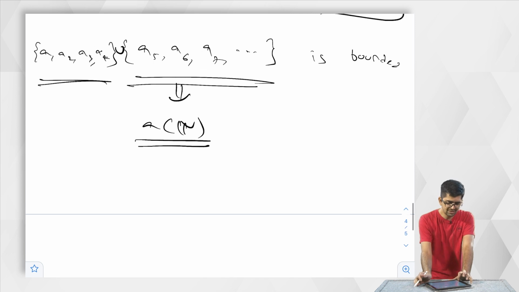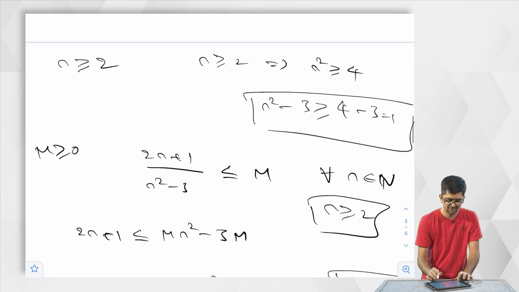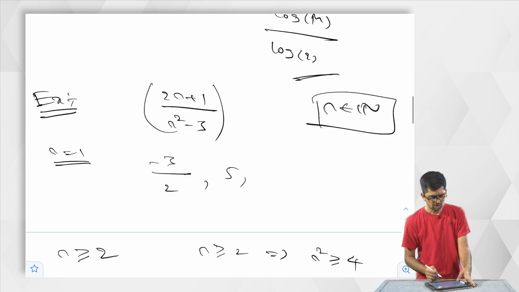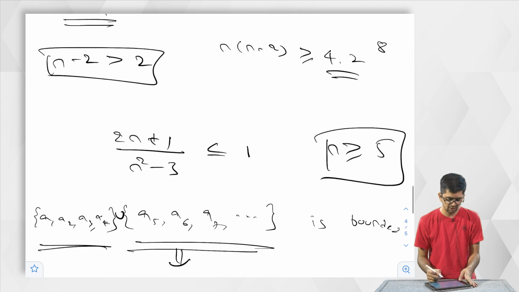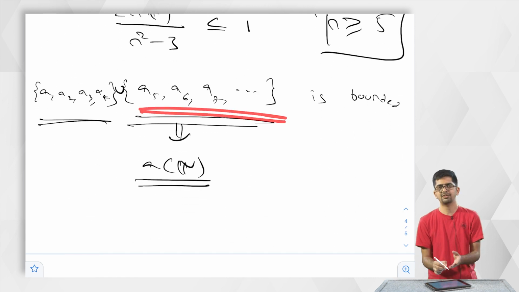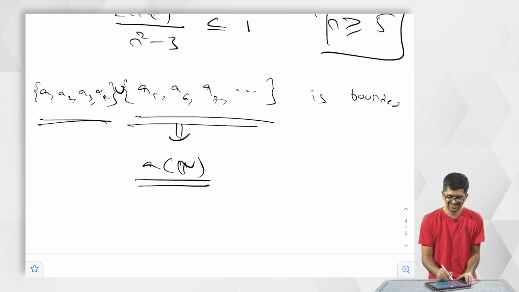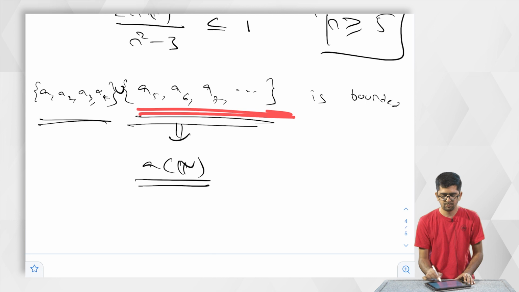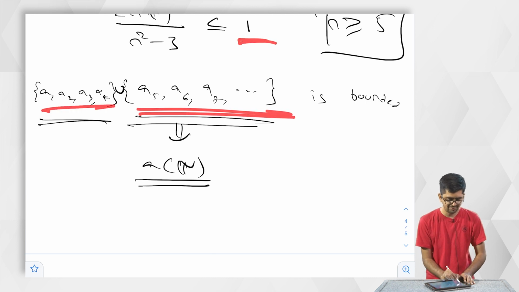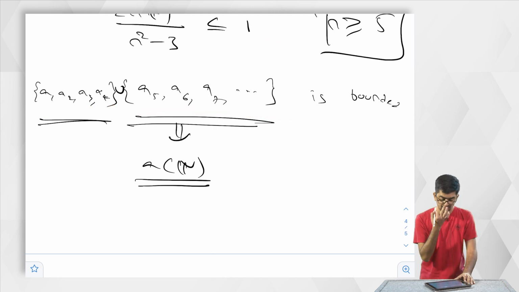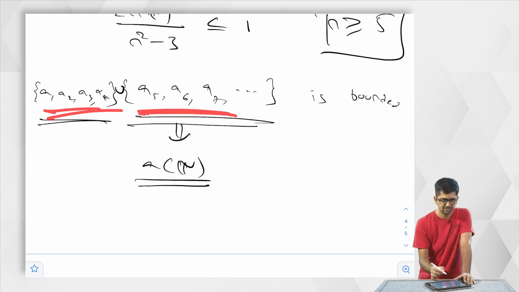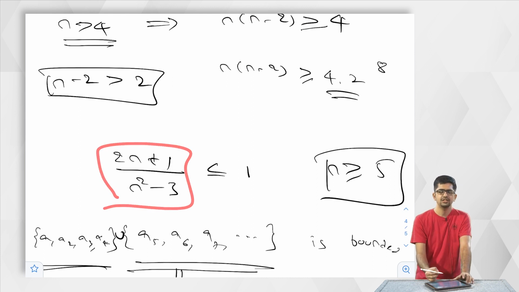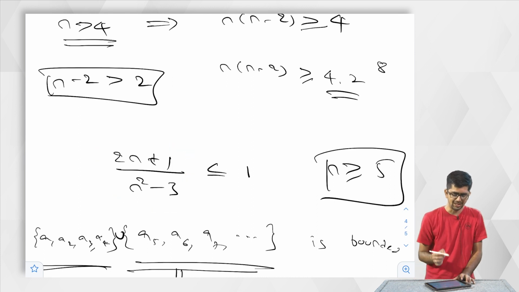So this sequence is bounded, not by 1, because that holds only from 5, 6, 7 onwards, but except for the finite set, the image is bounded by 1. So this finite set is bounded, and this union is a bounded subset of R. So the sequence (2n plus 1) by (n squared minus 3) is a bounded sequence of R.